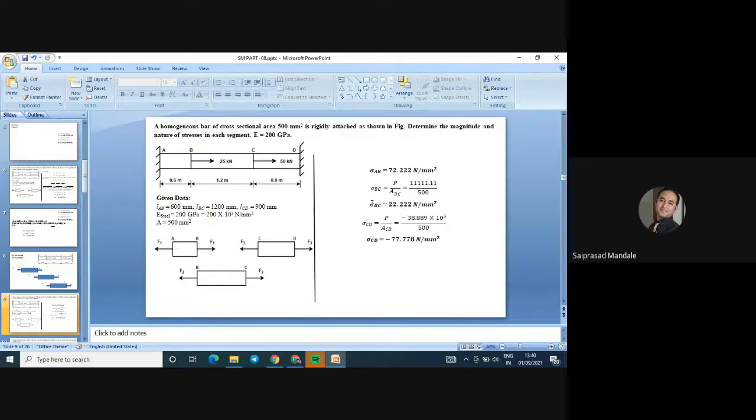So sigma BC is force upon area of BC, sigma CD is force upon area of CD, and sigma AB is force upon area of AB. We have calculated the forces F1, F2, F3, and the area is the same for each stress. I have given you the answers for the forces. You just make sure the answers are correct or wrong.